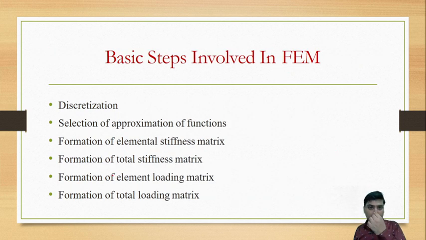Now next, what are the basic steps involved in this FEM? What steps should we follow when we analyze any problem by the finite element method? So first one is discretization.